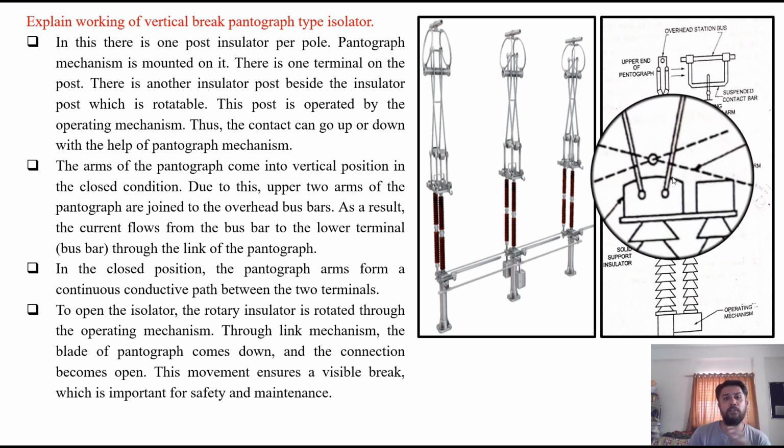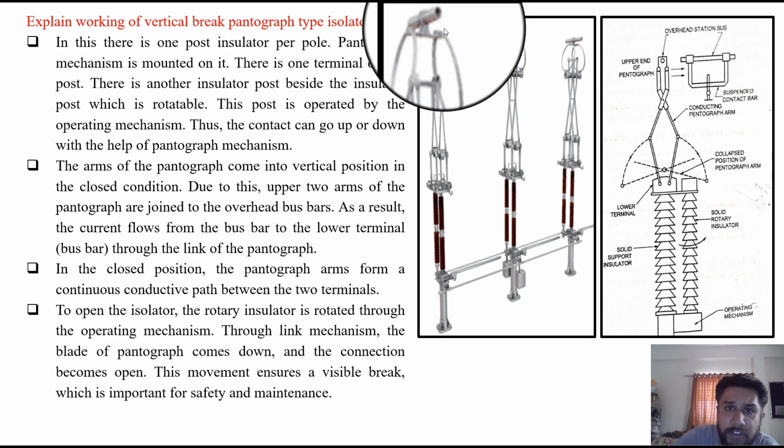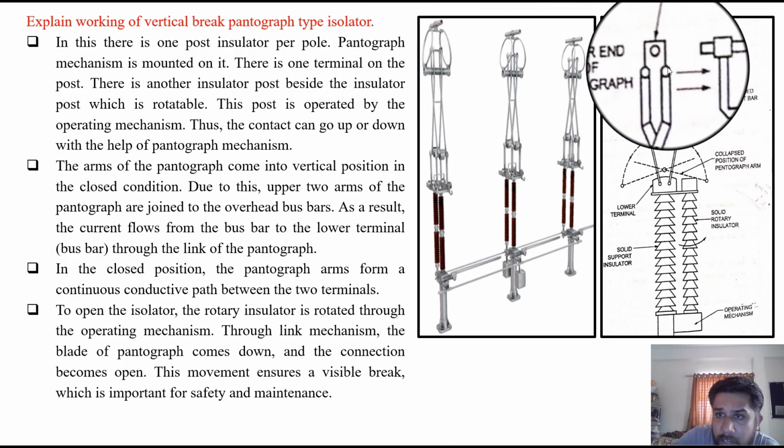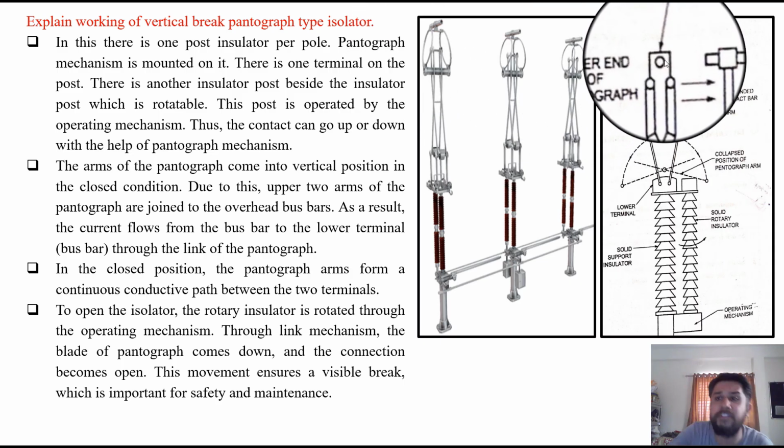The arms of the pantograph come into a vertical position in the closed condition like this. Due to this, the upper two arms of the pantograph are joined to the overhead structure. You can visualize in this figure, these two arms are connected with the upper end of the bus bar, that is the conductor.